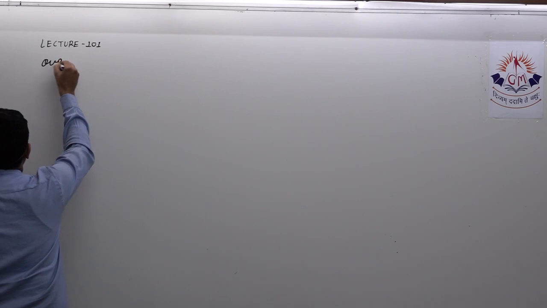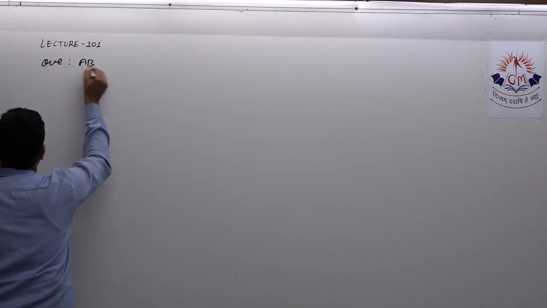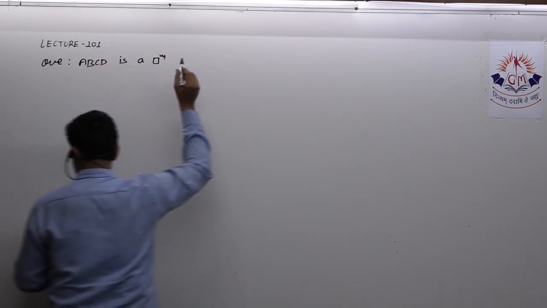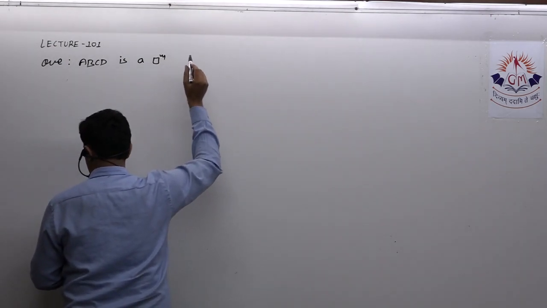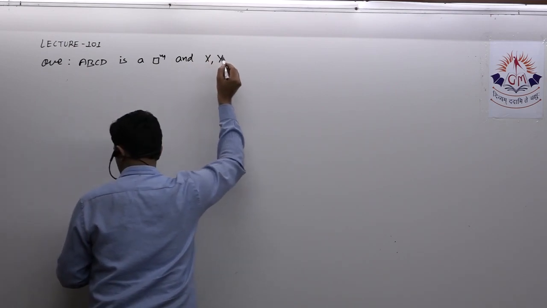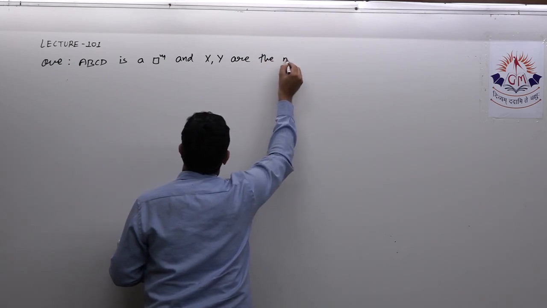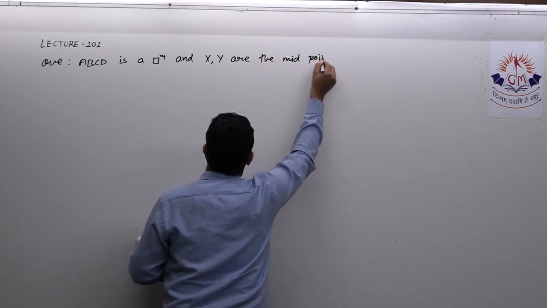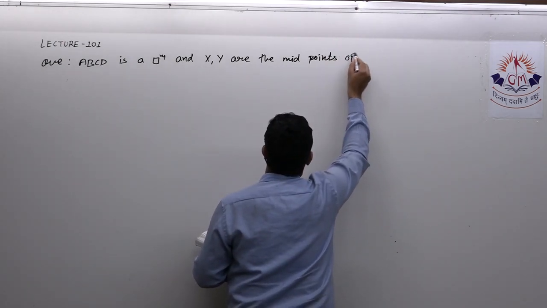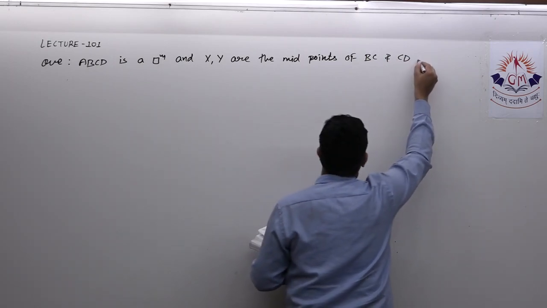The next question is: ABCD is a parallelogram, and X and Y are the midpoints of BC and CD respectively.